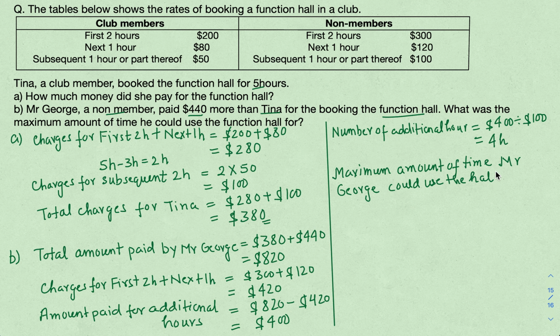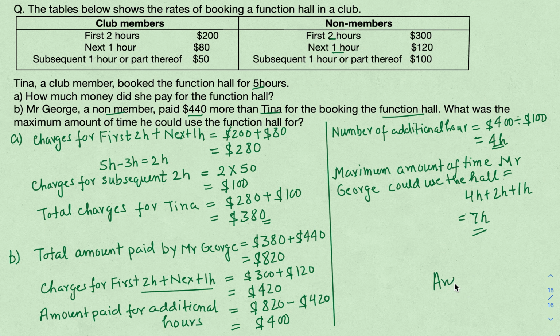It will be equal to 4 hours, the additional hours, then the first 2 hours, and then the next 1 hour, for which we have calculated the money here, 420, for these 3 hours. So basically 4 hours plus 2 hours plus 1 hour gives us 7 hours. So at the most, Mr. George can use the function hall for 7 hours. That's the answer for part B.